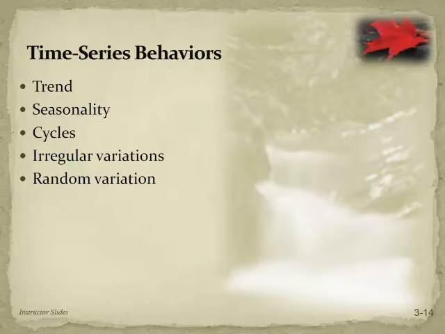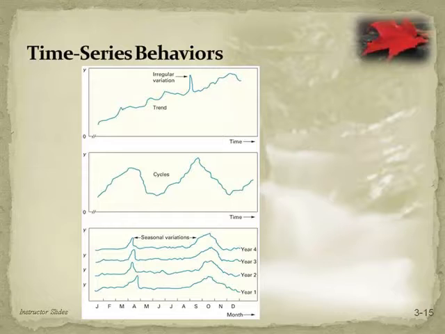Some of the more classical patterns are shown on this slide. We'll talk more about them: trend, seasonality, cycles, irregular variation, and then random variation. This slide shows some of the different time series patterns or behavior.